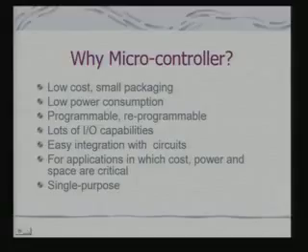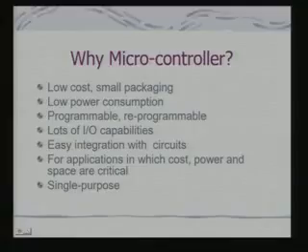So, we can have multiple peripherals integrated together onto a single piece of silicon to get a chip which has a smaller footprint as well as less power consumption. We will find that on microcontrollers, on the chip itself, we have a number of I/O capabilities, because I need to interface external devices which are sensors as well as actuators, and it provides for easy integration with external circuits.